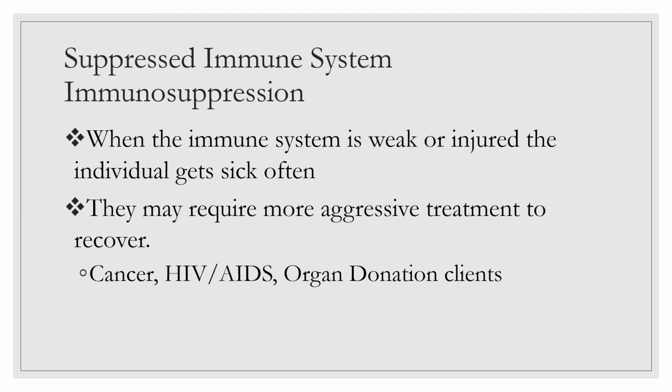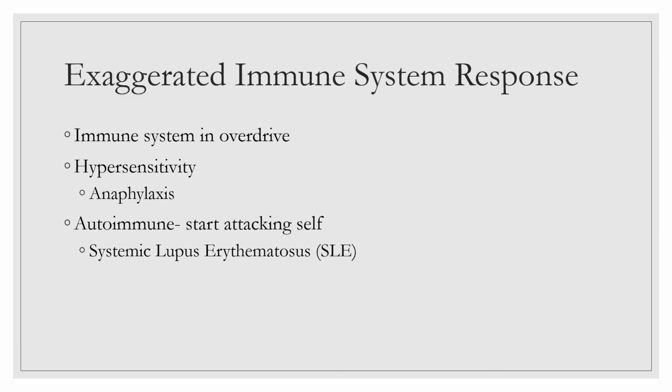Organ donation clients have to take immunosuppressive drugs because the organs are thought of as an antigen. When they receive an organ from a donor, the chance of the body saying, hey, that's an antigen, and starting to attack that organ is extremely high. So the person has to take immunosuppressants, and it makes them immunosuppressed.